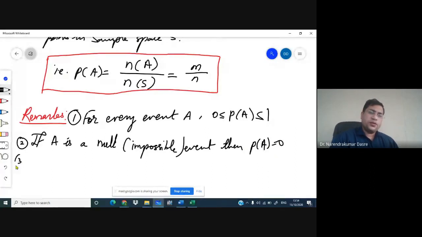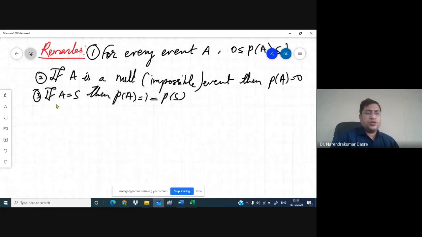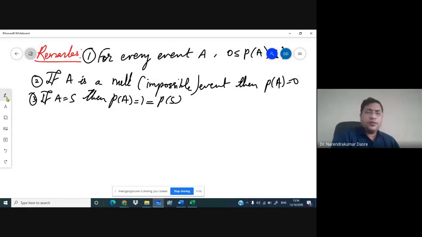And third, if A is equal to S, the number of points in S upon the number of points in S is 1. Then the probability of A is equal to 1, which is the probability of the sample space. So the probability of the sample space is always 1.